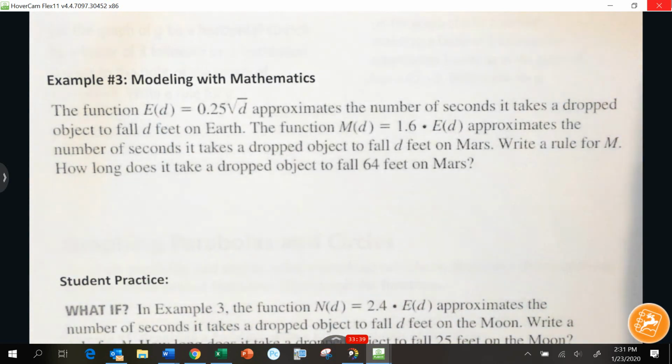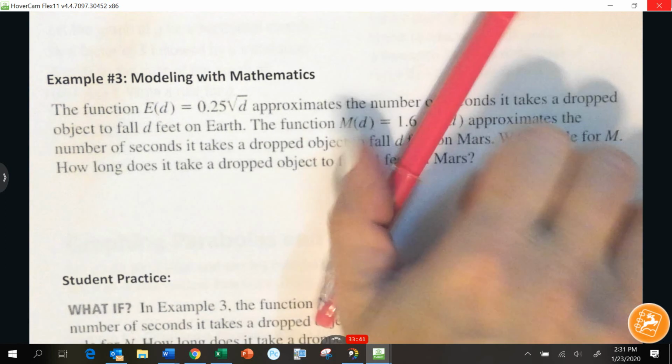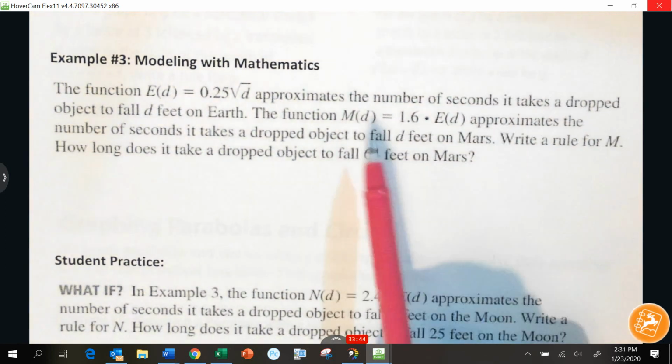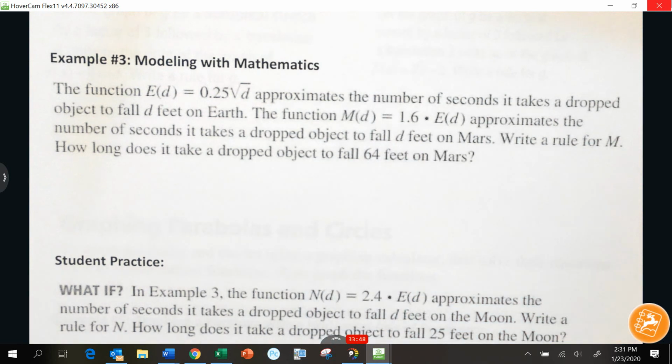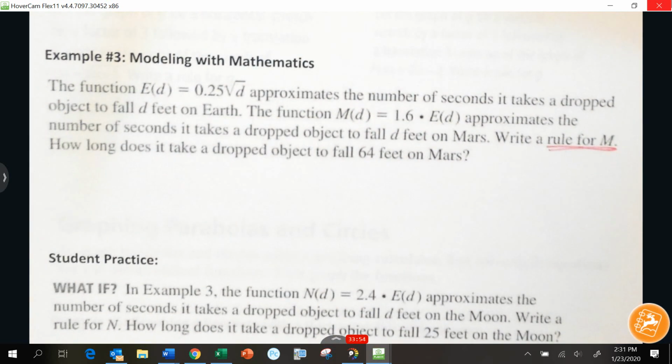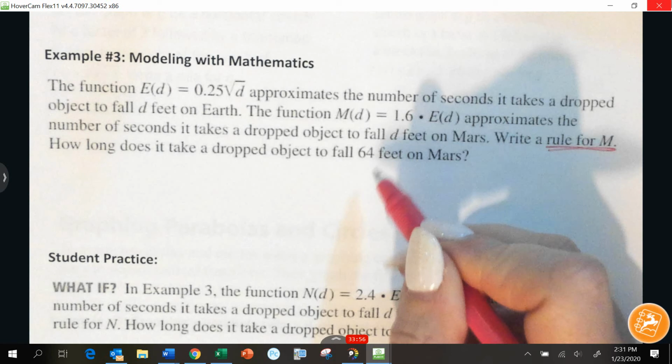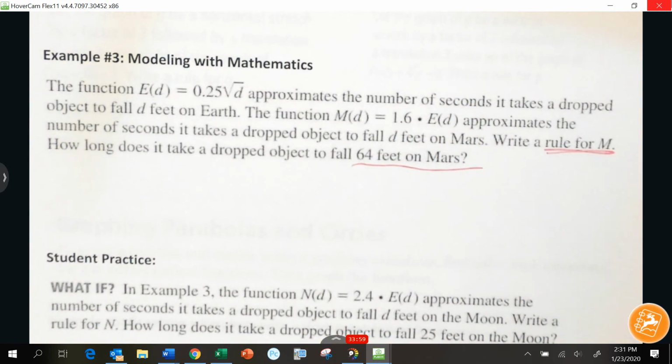So if you drop something, how long does it take to hit the ground? The function M of d equals 1.6 times E of d approximates the number of seconds it takes a dropped object to fall d feet on Mars. Write a rule for M. And then how long does it take the dropped object to fall 64 feet on Mars? We have 2 things to answer.